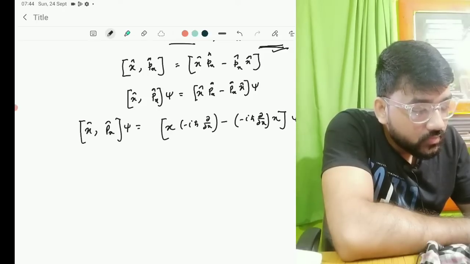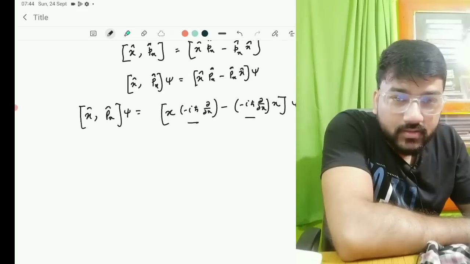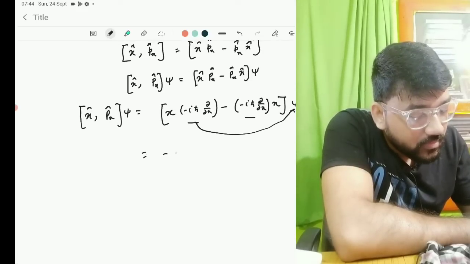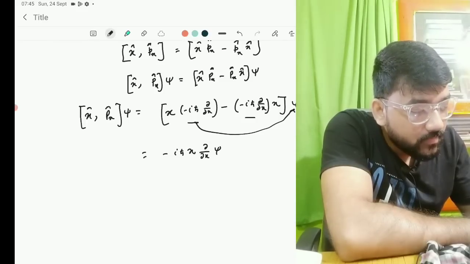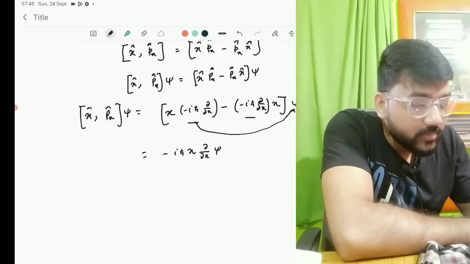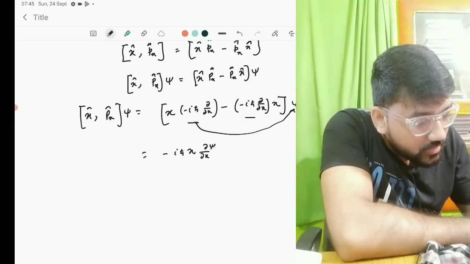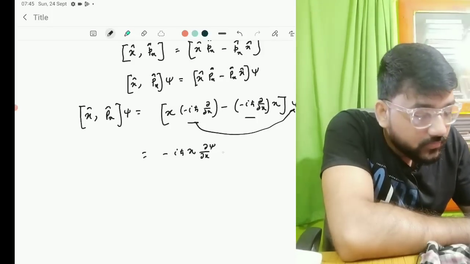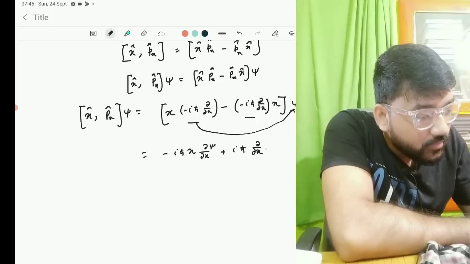So let us operate this portion and this portion on psi separately. The first gives minus i h cross x del psi upon del x, and this minus will be plus i h cross del x of x psi.